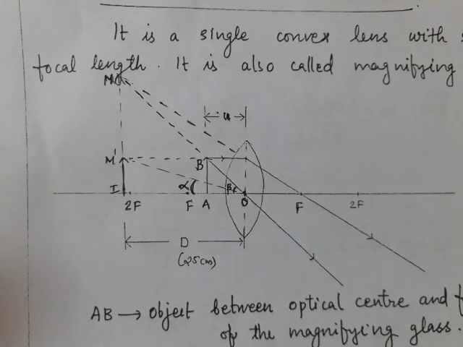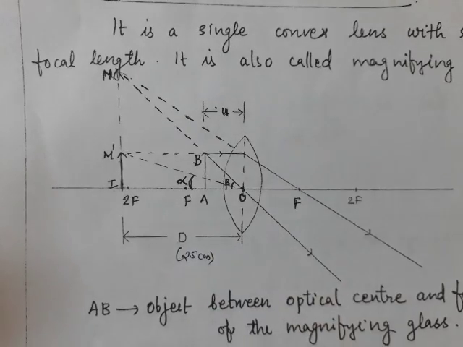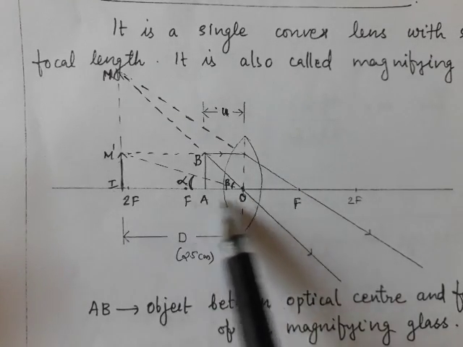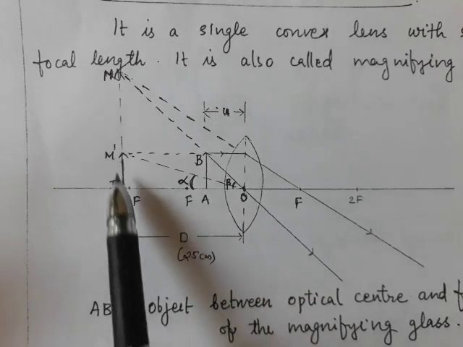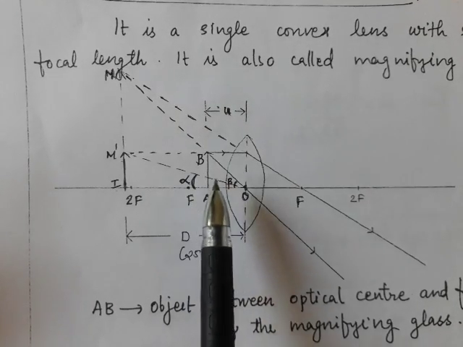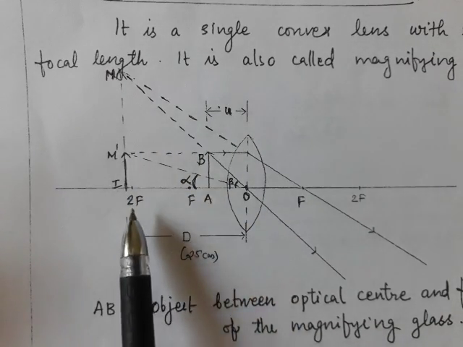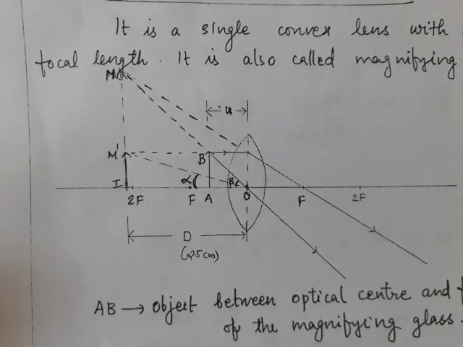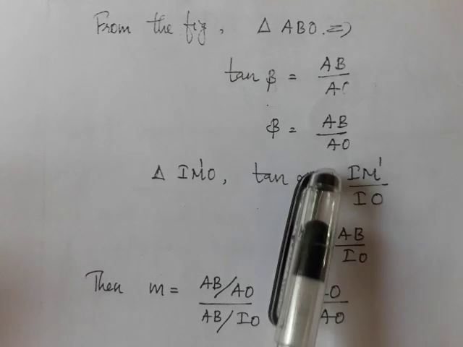From this, if you take tan alpha, you get the opposite side IM dash divided by the adjacent side D. IM dash by D is tan alpha. If you take beta, the opposite side is IM divided by the same D. So from both triangles we got tan alpha and tan beta.